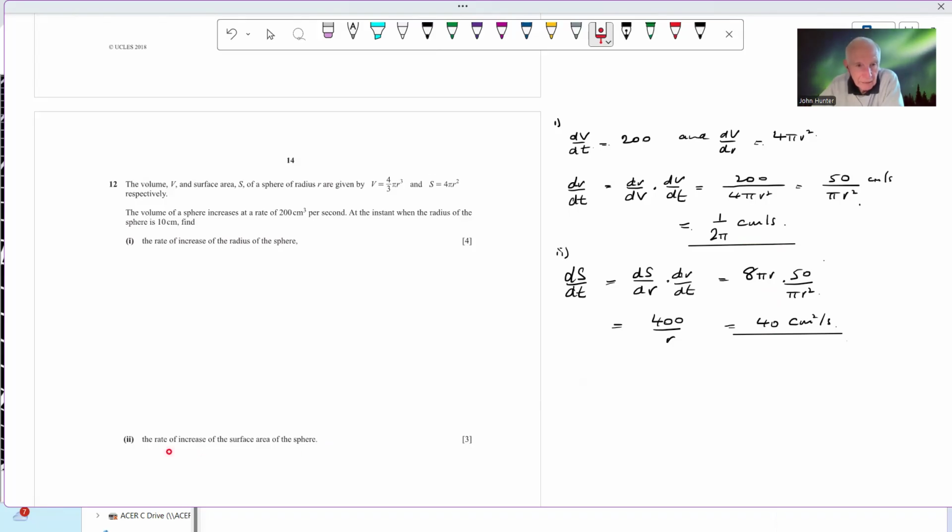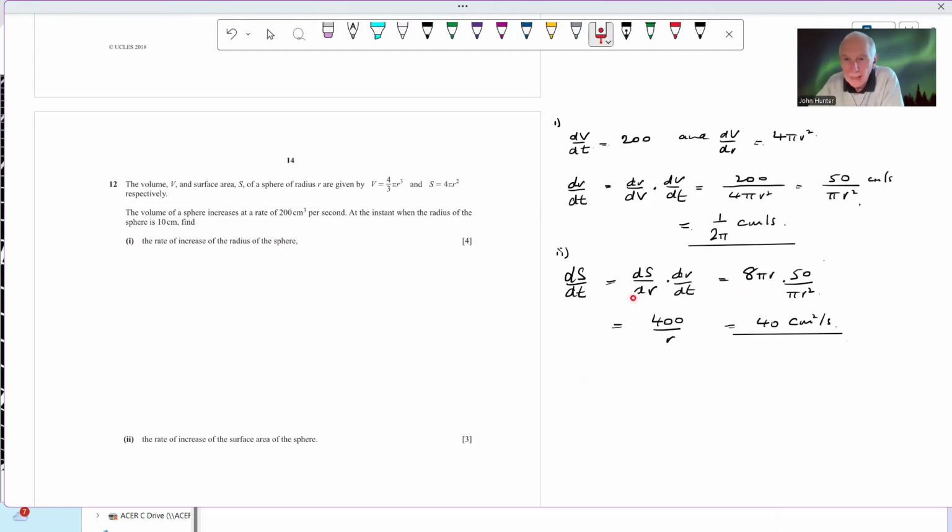And then finally, the rate of increase of the surface area of the sphere. Similar thing really. We want dS/dt, and we can derive that from dS/dr times dr/dt. We know what dr/dt is now because we've just calculated it. dS/dr is the derivative of S from there, so that's going to be 8 pi r, just using the power rule.